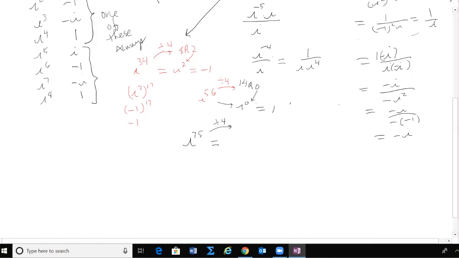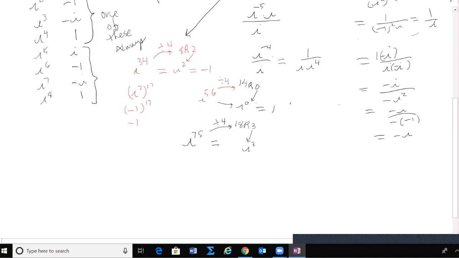It's 18.75. So we get 18 times with remainder 3, right? 72 and then remainder 3. So that remainder 3 means we have i to the third.